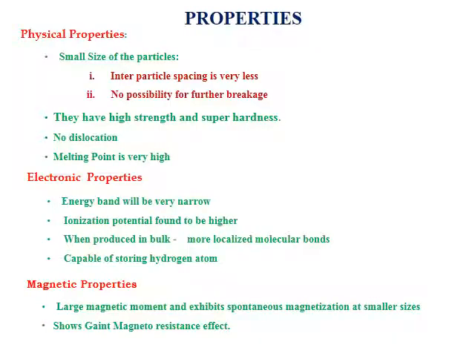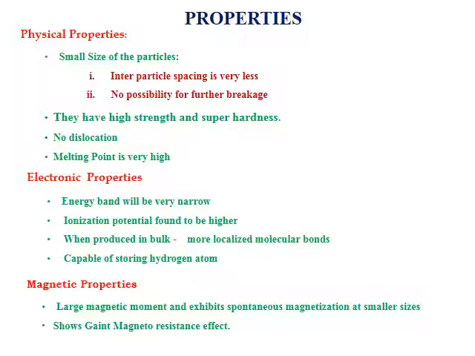Now let us pass on to the properties of these nanomaterials. Nanomaterials have a wide range of improved properties. So let us see the effect of reducing the particle size from their micro size, one by one.